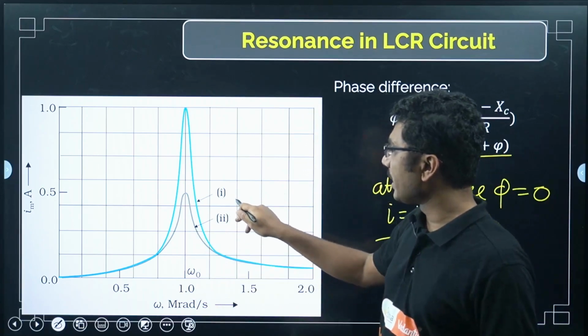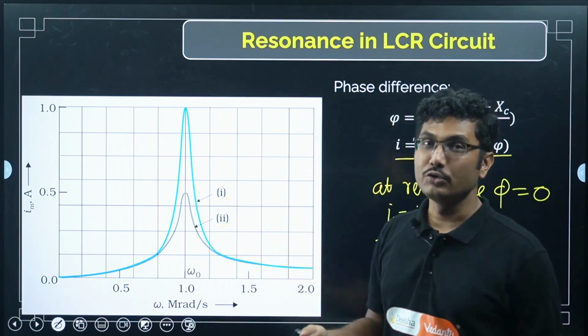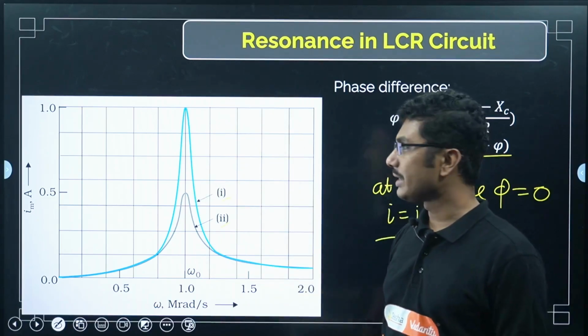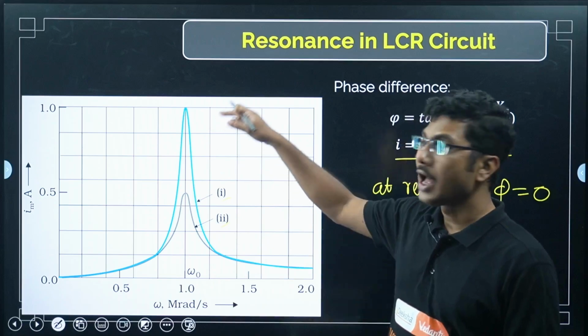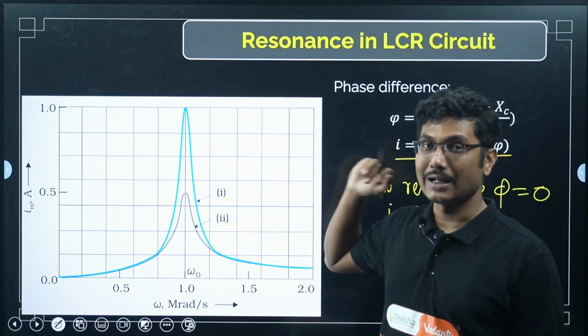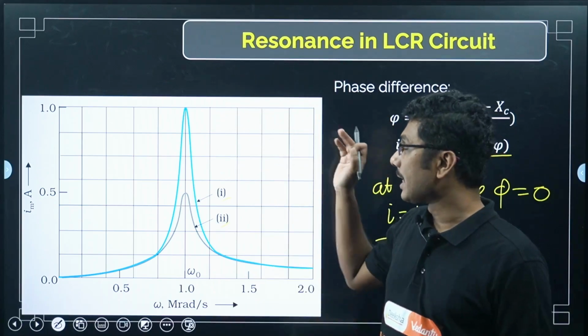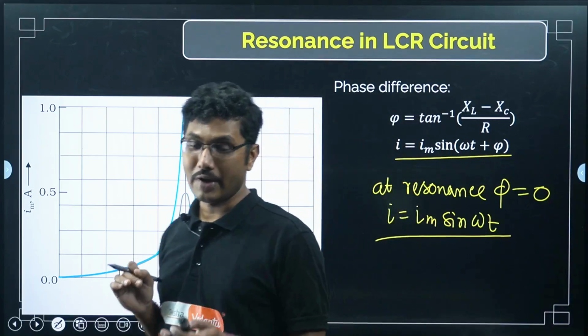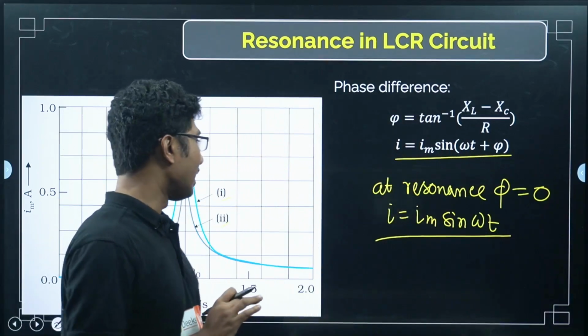Here I1 and I2 represent two different values of R, and this resonance frequency is independent of the value of R. That's what they are trying to show. As long as L, C and omega are related by the formula that I have shown, the resonance frequency will remain unchanged. It does not depend on the value of R.